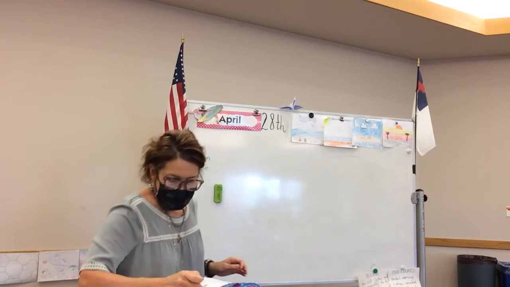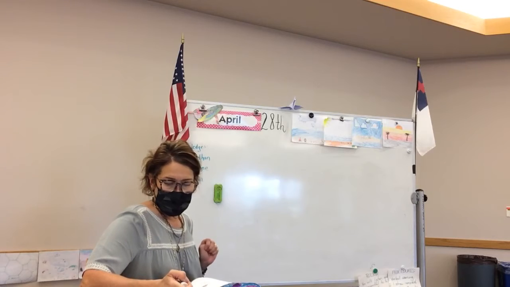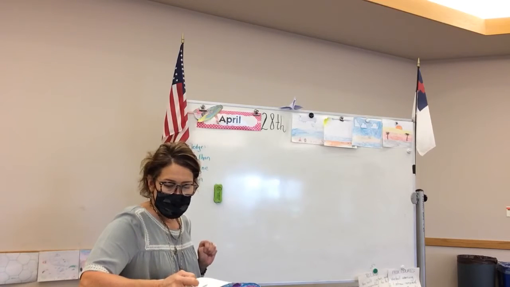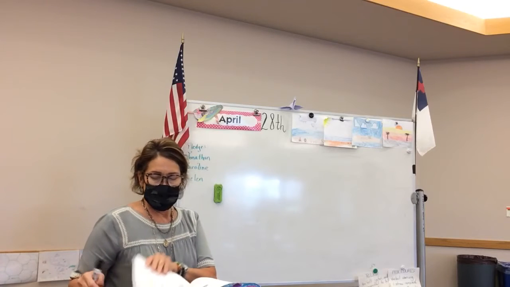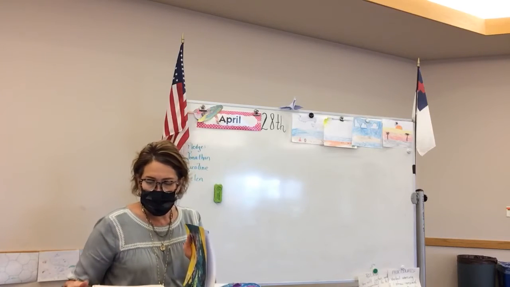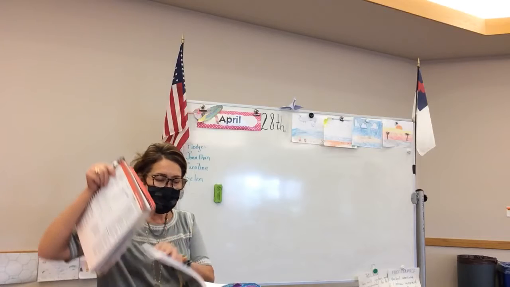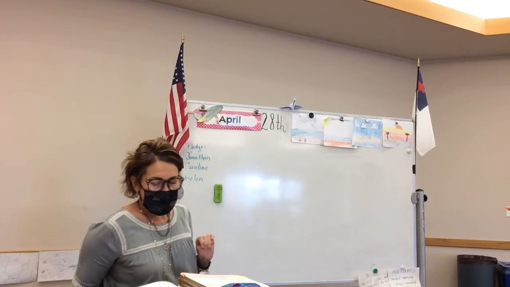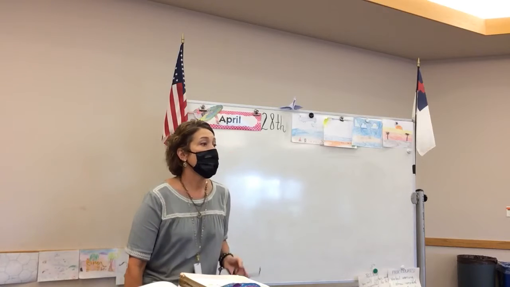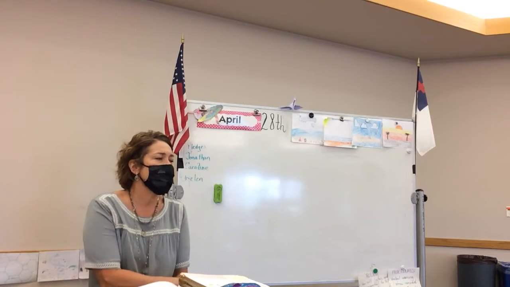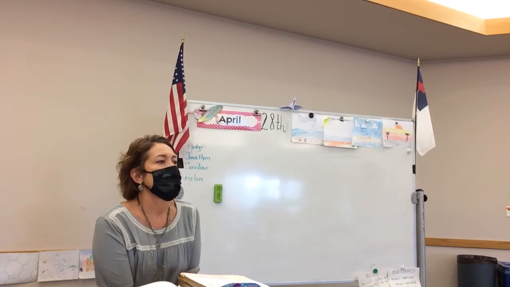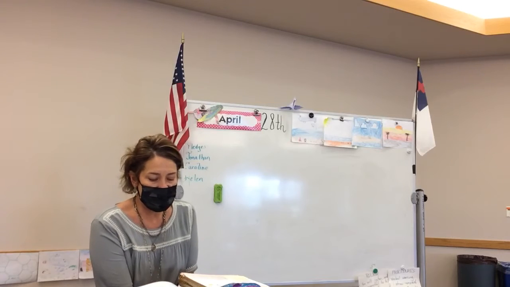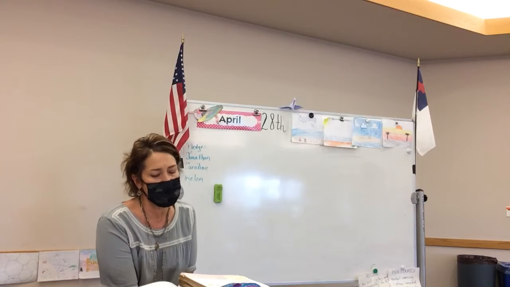All right, so I'm on 1A. Write the mixed number of these figures. So remember, the denominator, when you are doing the fraction, shows all the pieces. All right, so let's see if you can figure this out. So what do you think is the whole number in this problem?